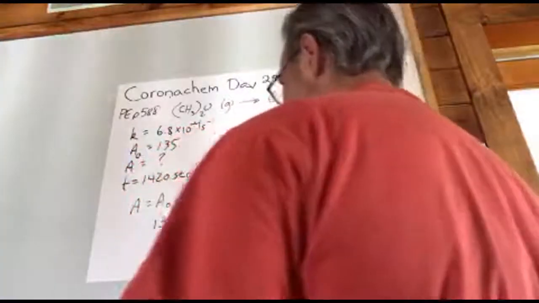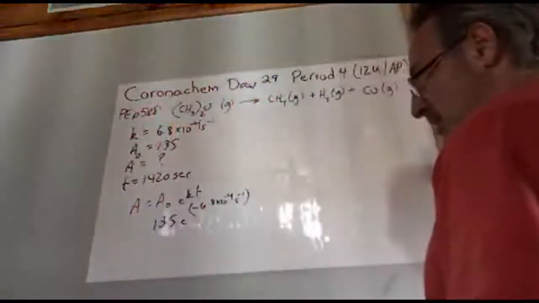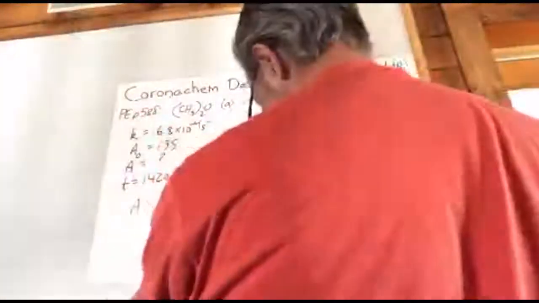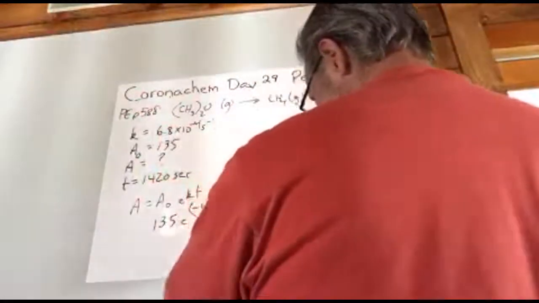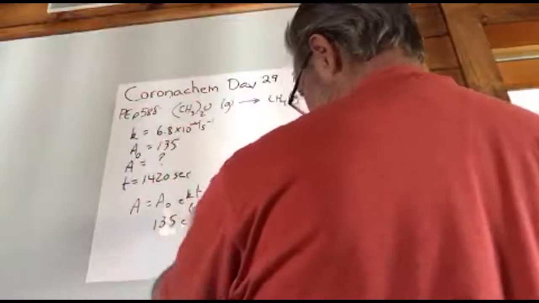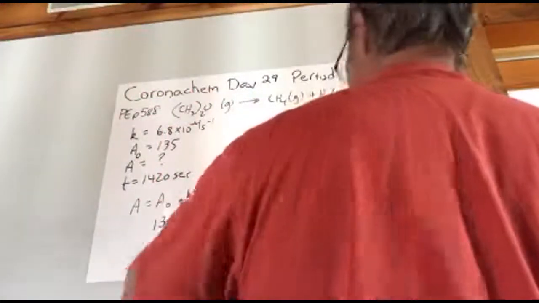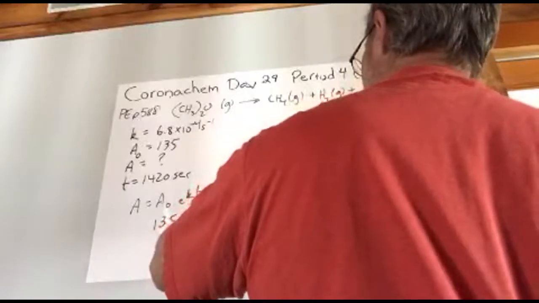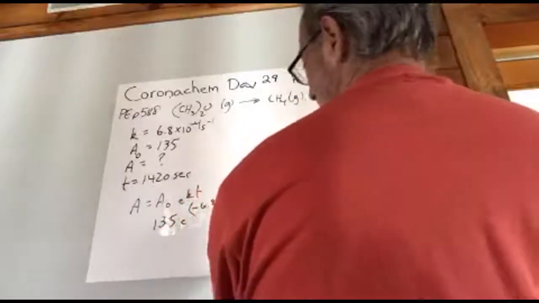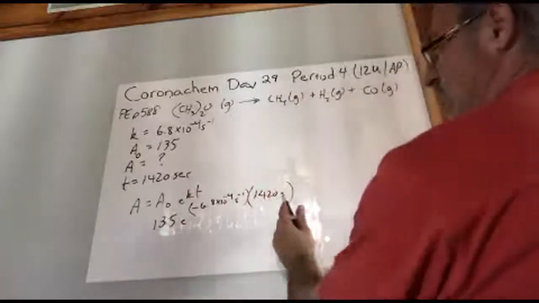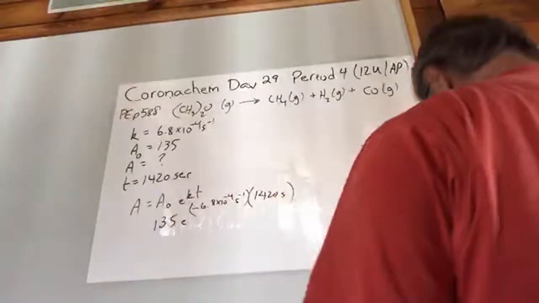There's a decrease. So the value of K can be increase or decrease. In this case, you have to put it negative to have it decrease. If you put a positive value, the number is going to go up, and you're going to get the wrong answer. You just have to recognize that it's a decay. And that 1,420 seconds elapse. So you see seconds to the minus 1 and seconds will cancel, and it'll leave a pressure in torr.